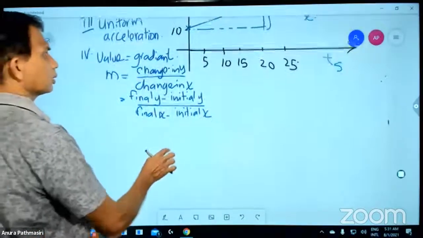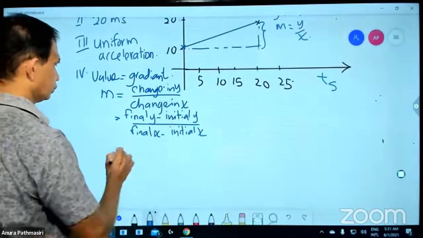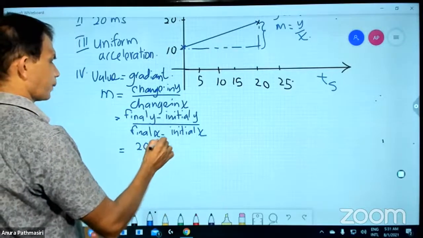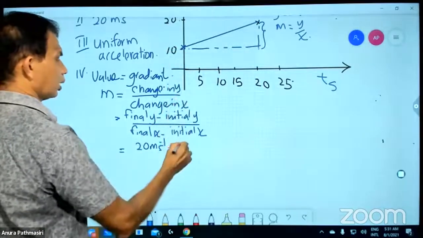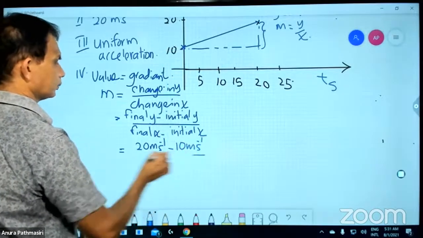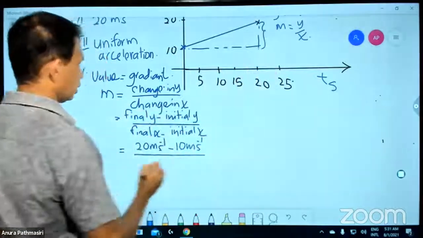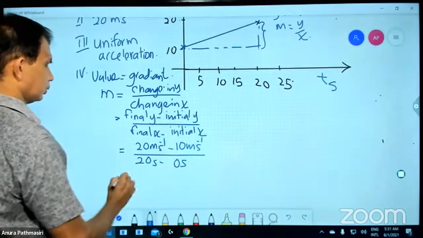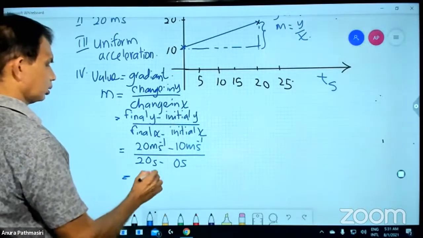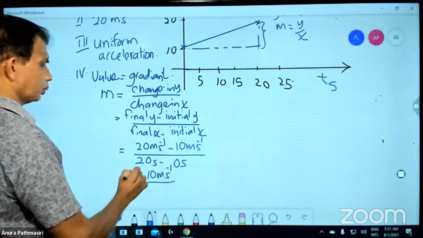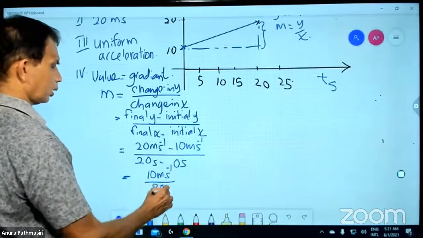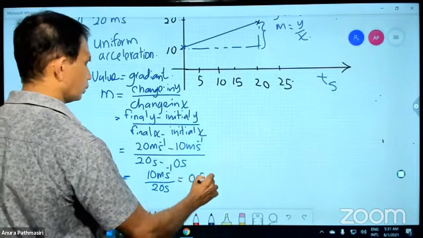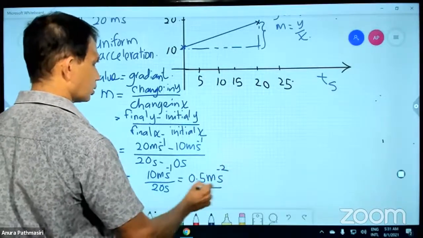We know final y is 20 meters per second and initial y is 10 meters per second. Final x is 20 second and initial x is 0 second. The answer is 10 meters per second upon 20 second, and that indicates 0.5 meters per second squared.